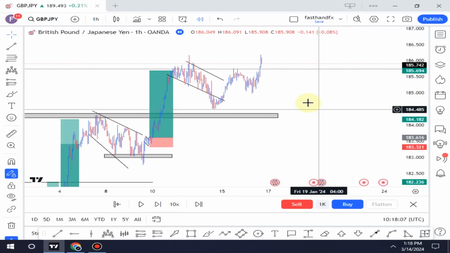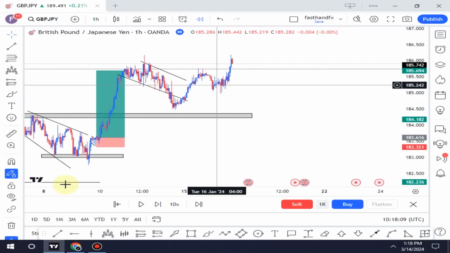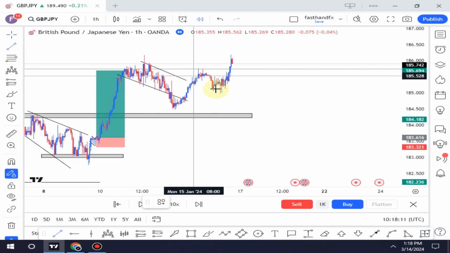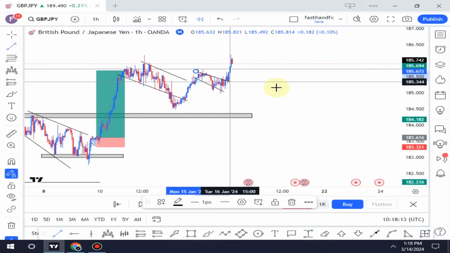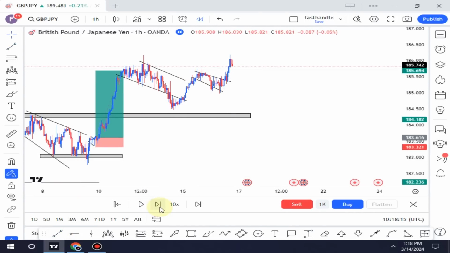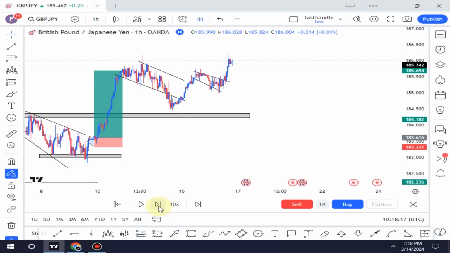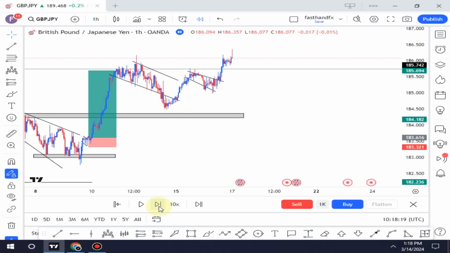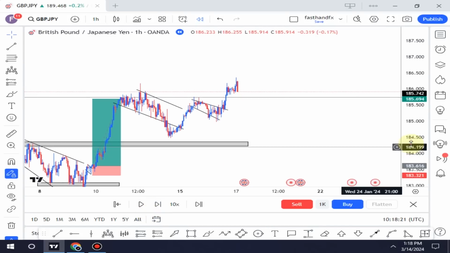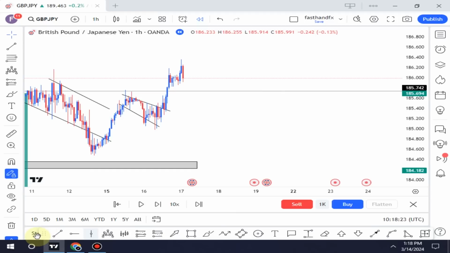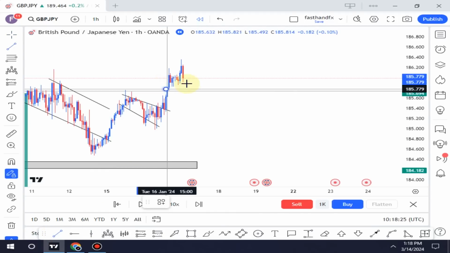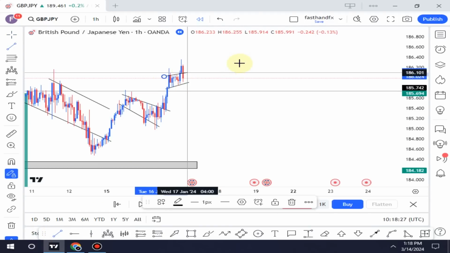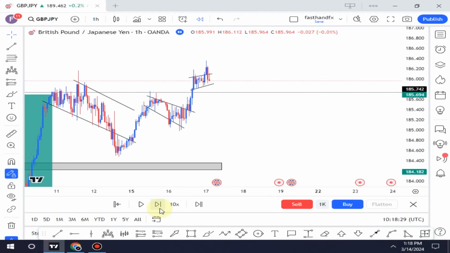All right, so maybe we missed this because it was not looking way too nice according to me, but let's see, price might give us another chance, understand. Right there, just wait. Oh, come on. Okay, I believe this was a good one, but the market is crazy. Let's see.